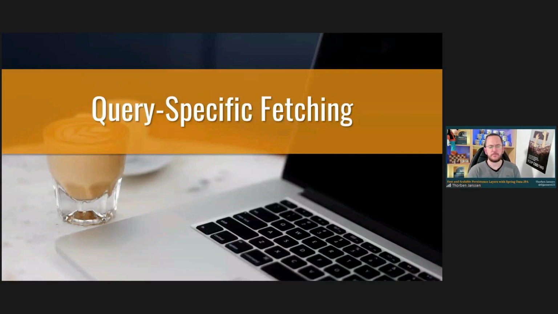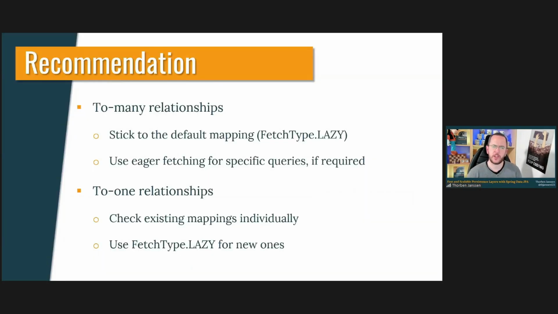Well, what we can do is we can use query-specific fetching to improve the fetching behavior of our application. So let's say we stick to these recommendations and we use lazy fetching for all to-many associations and for most of our to-one associations. Right?